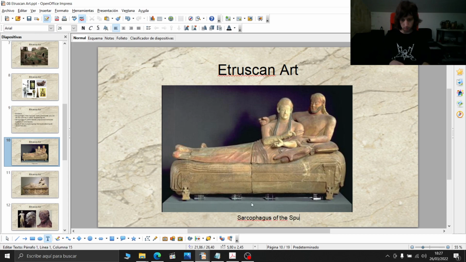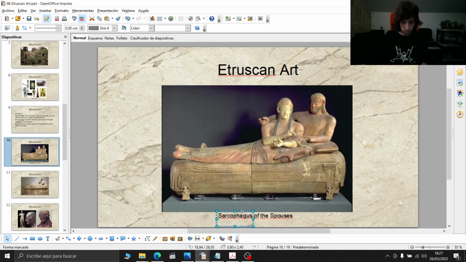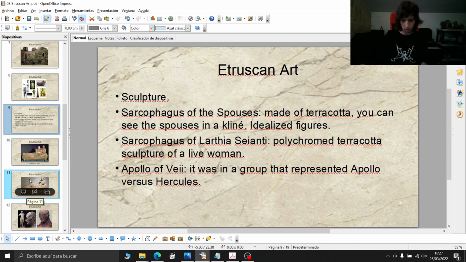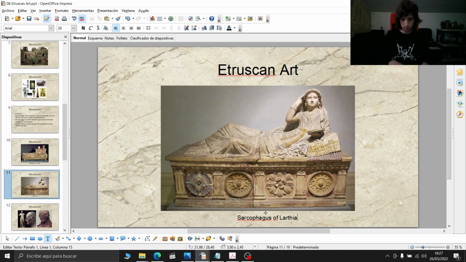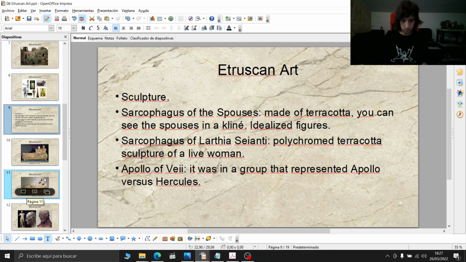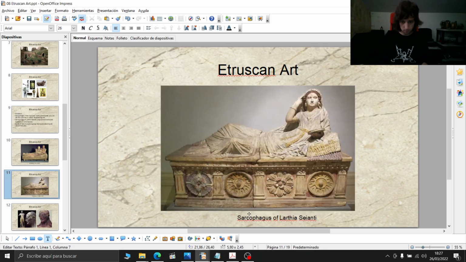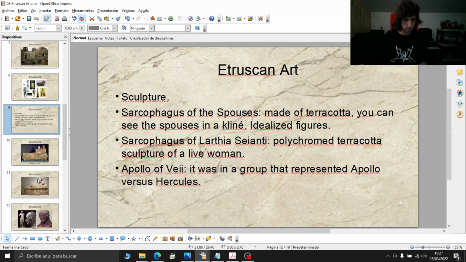Sarcophagus of the spouses. Sarcophagus of Larthia Seianti. And this is the Apollo of Veii.